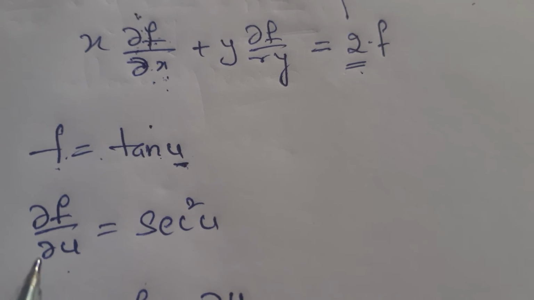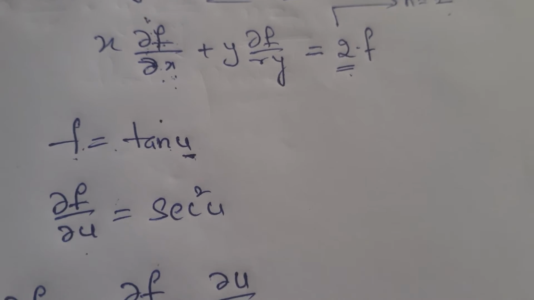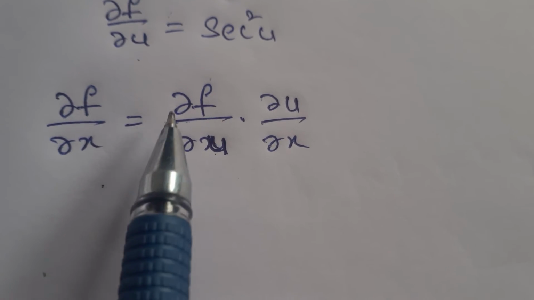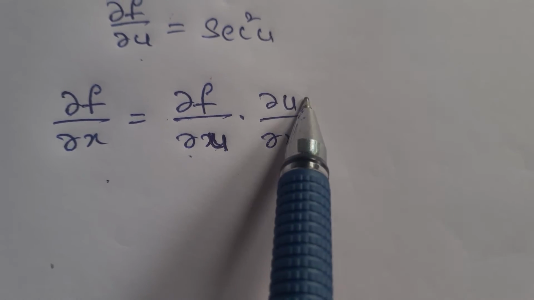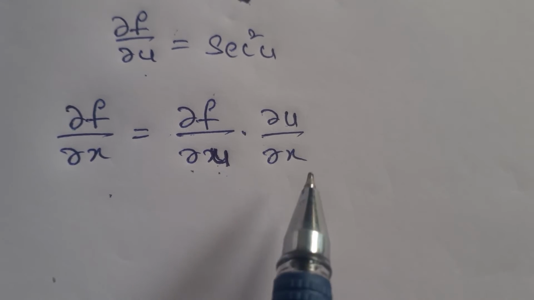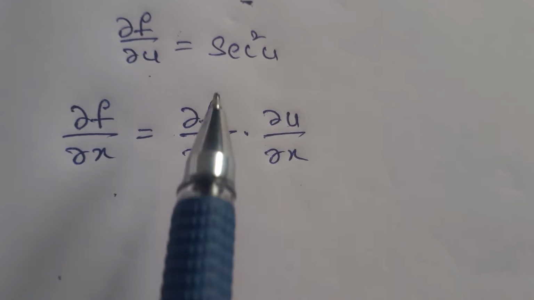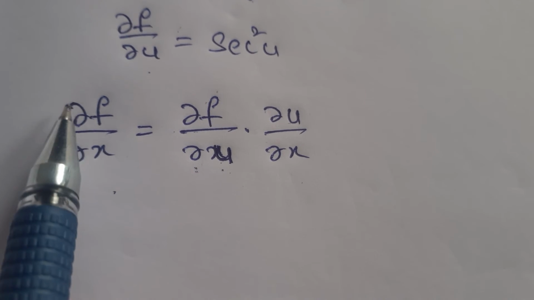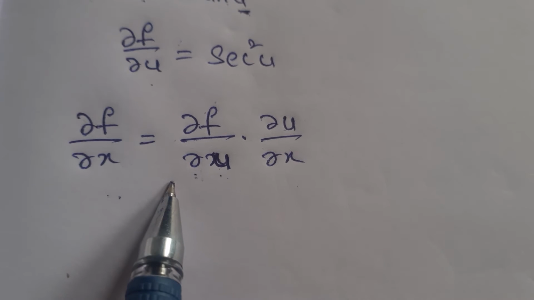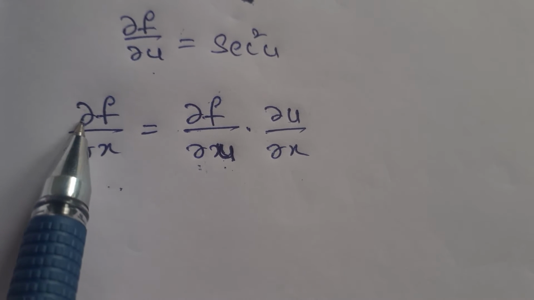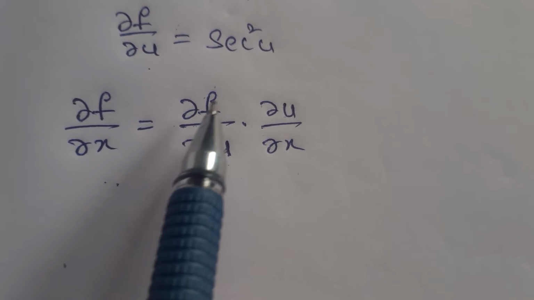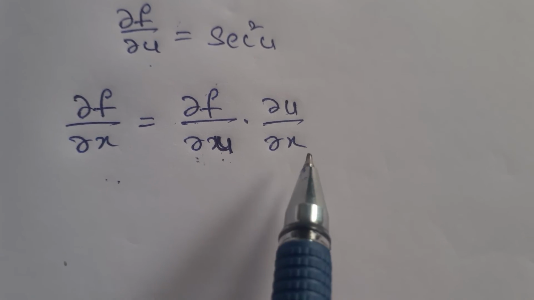So what I have done here is multiply and divide by ∂u. If I cancel these two, I get the same thing, ∂f/∂x. By this rule, we find ∂f/∂x, which is nothing but ∂f/∂u into ∂u/∂x.